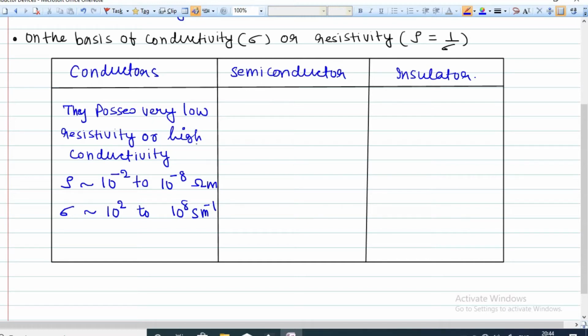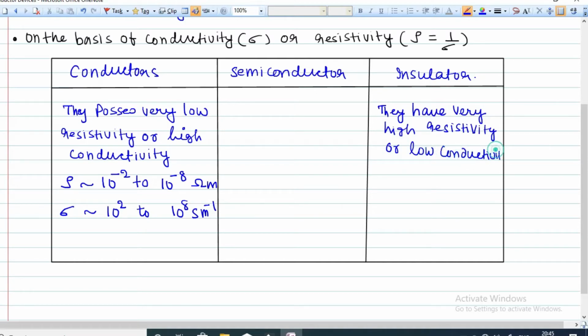For semiconductors, their resistivity and conductivity is intermediate to the conductors and insulators. So first let me see the insulators. Insulators have very high resistivity, or we can say low conductivity.